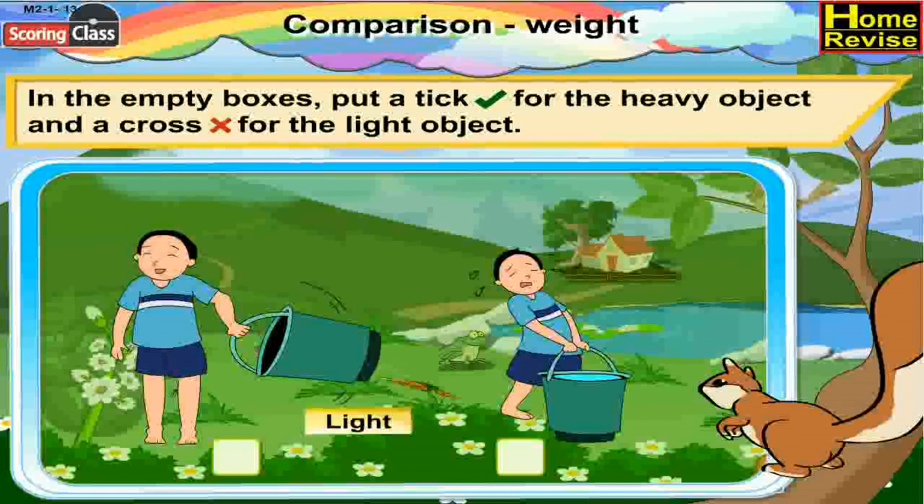And the second boy is trying hard to lift the bucket, which means it is full of water and heavy. So we'll put a cross in the box in the front of first boy holding the bucket and a tick to the second box in front of the boy who's trying to lift the bucket.